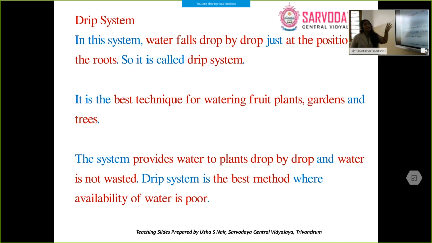When something is highlighted in red, those portions are important. If you have your text, you can underline those or note them down in a separate book and learn them. So I hope you understood what the drip system is. Drop by drop. The other one sprinkles all over. Here, this is the best method and the water is not wasted. Now we'll move forward.